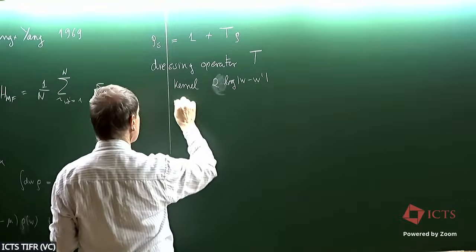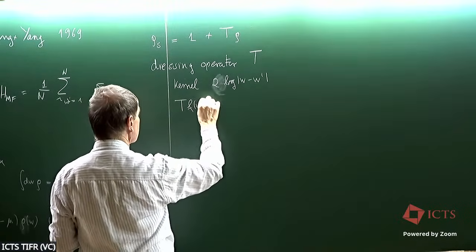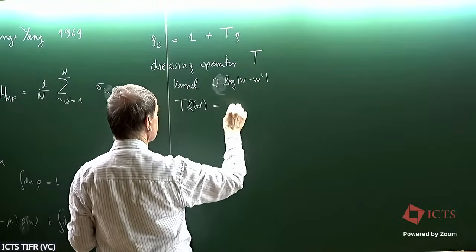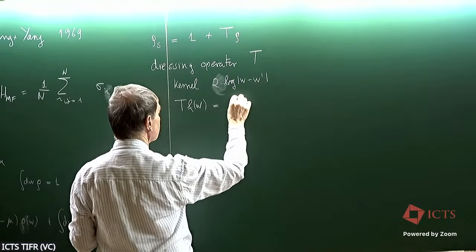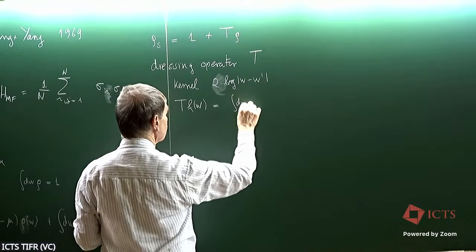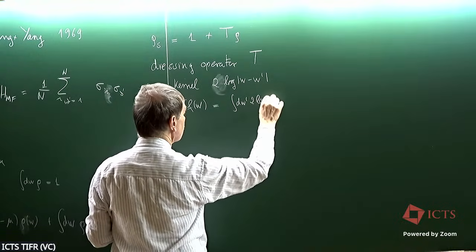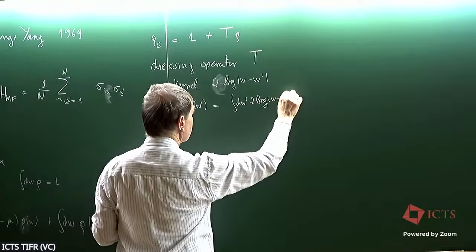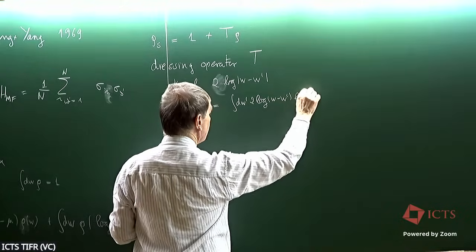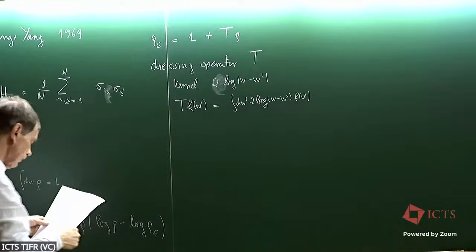So if I take some function and act on W, and now I want to know what this is, then I have to do the integral over W prime of 2 log of W minus W prime. So this is the integral kernel of this operator.